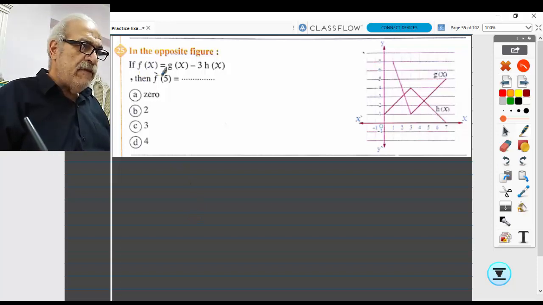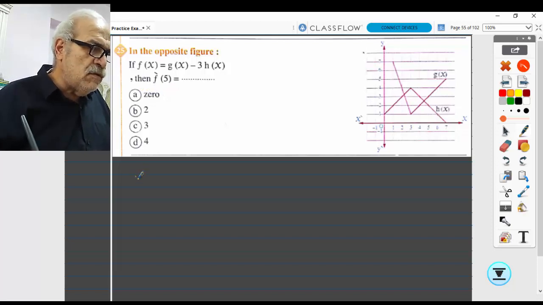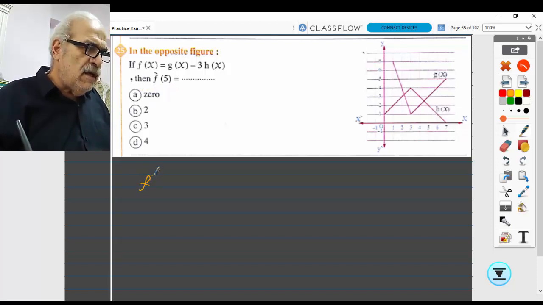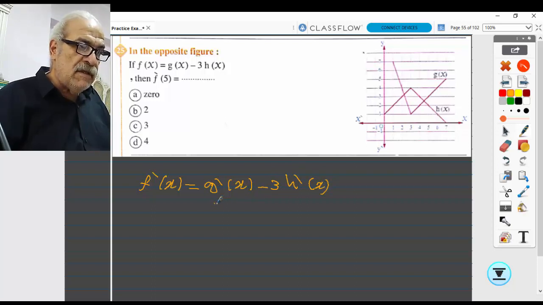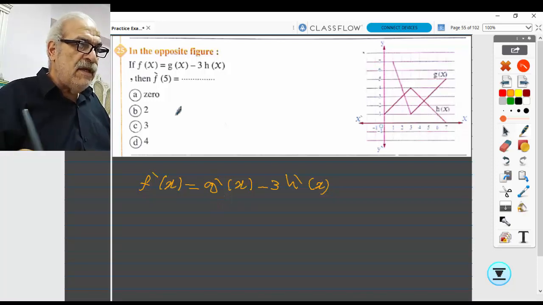Question 25. Here in the opposite figure, f of x equals g of x minus 3 h of x. So we want f dash of 5. First we write f dash of x equals g dash of x minus 3 h dash of x. You know that g dash is the slope of the function g in the interval which contains 5.